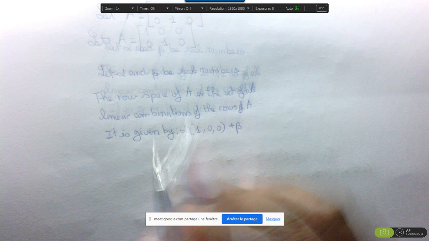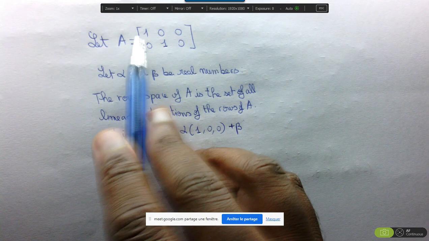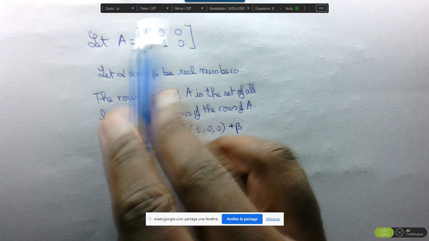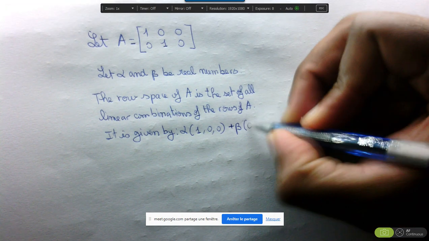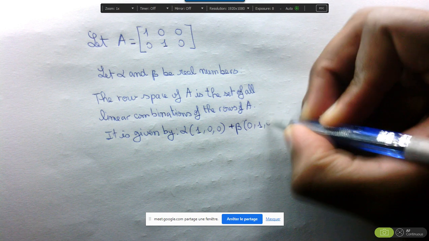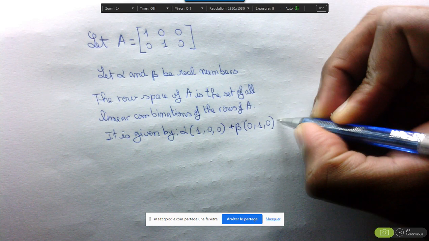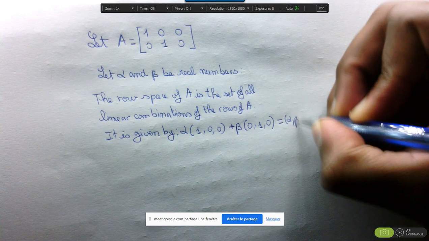You take alpha, multiply it by the vector formed from this row, plus beta times the other row, and that is equal to alpha, beta, 0.